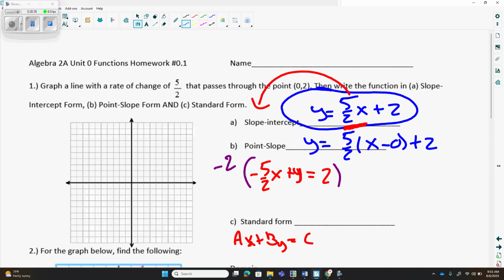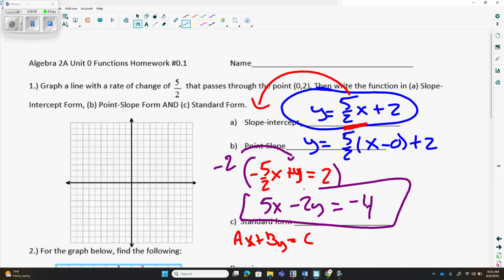When I do that, that makes that a positive 10 divided by 2, which would be just 5. Remember, the 2's cancel, so I get positive 5x. Then I distribute the negative 2 for that. I get minus 2y. And take the negative 2 times the 4, which gives me negative 4. So that should be my standard form, right? Which is what they have over there. So here's my standard.